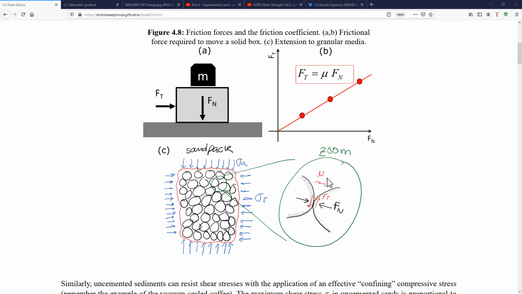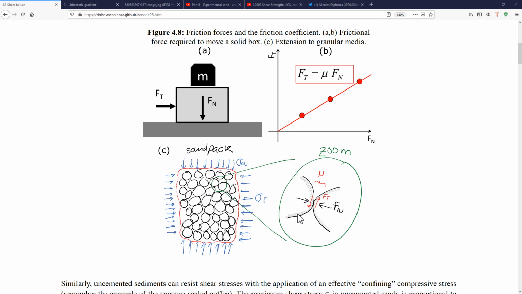And that, of course, is going to depend on the friction coefficient between the grains. What this is going to tell me at the end is that the force needed to move the grains with respect to each other and to cause an irrecoverable deformation in the sandbag is going to be proportional to the effective confining stress in the sand, and also proportional to the friction coefficient.